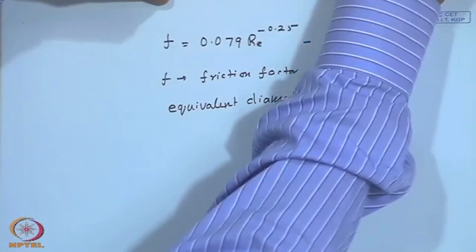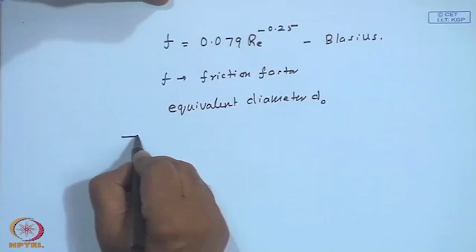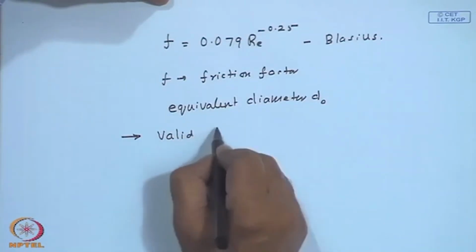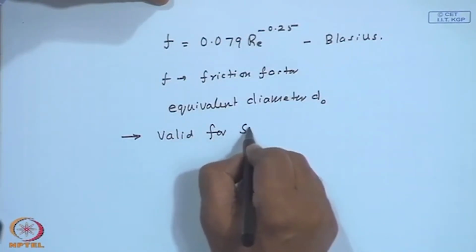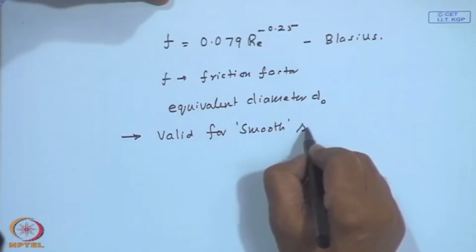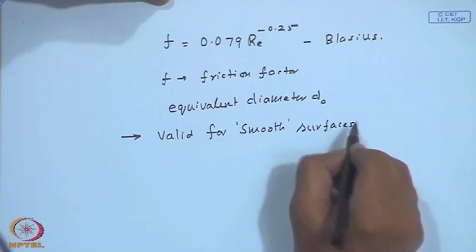Now, this is in turbulent flow category, valid for smooth surfaces. So, this is what we have here.